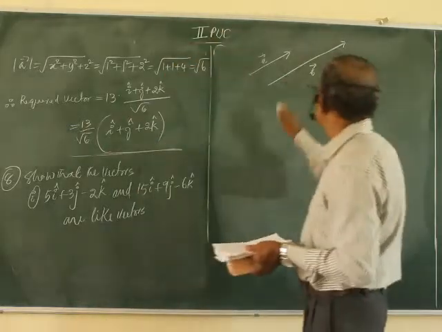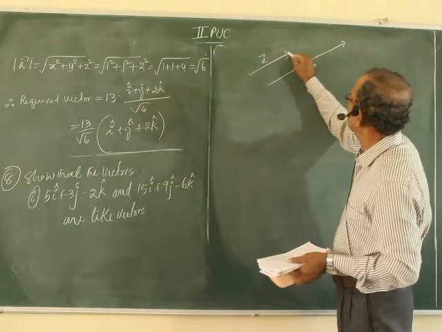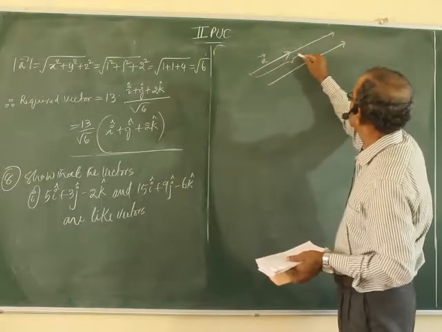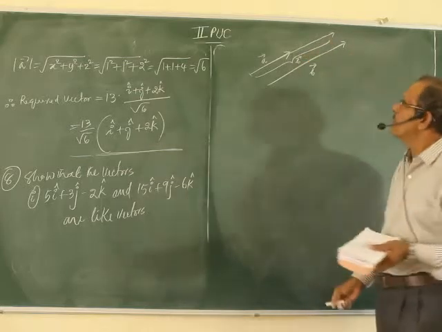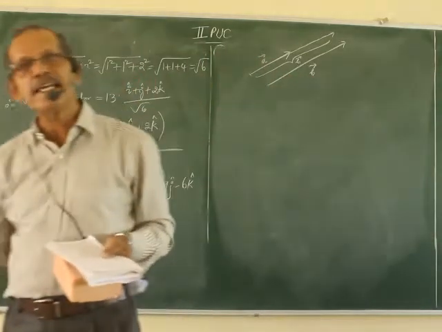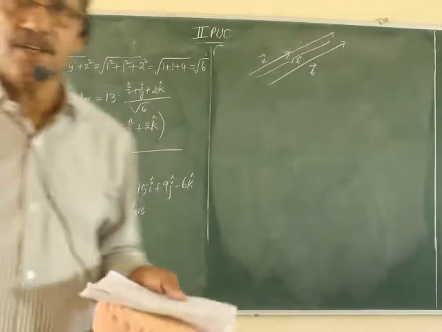Okay. If it is collinear, I can draw on the same vector, see. So this is B, no doubt. B can be drawn overlapping the vector A itself. Now come to the conclusion.